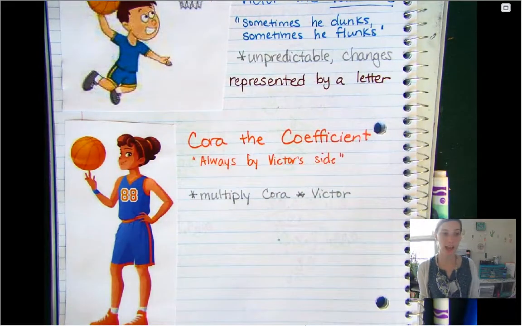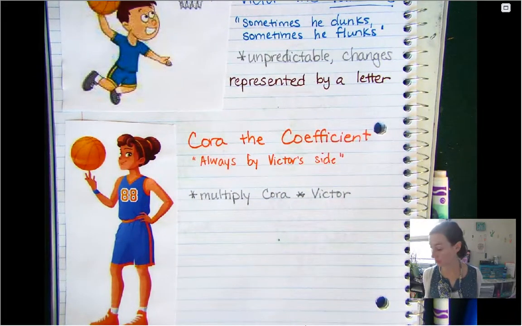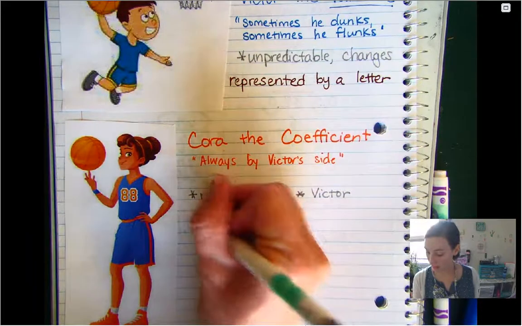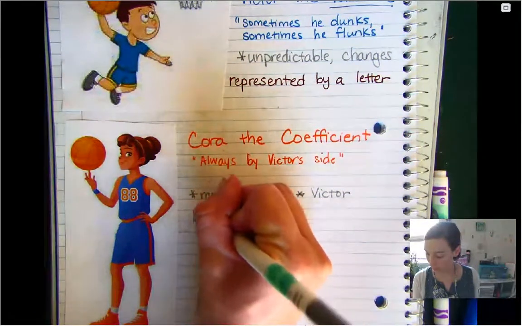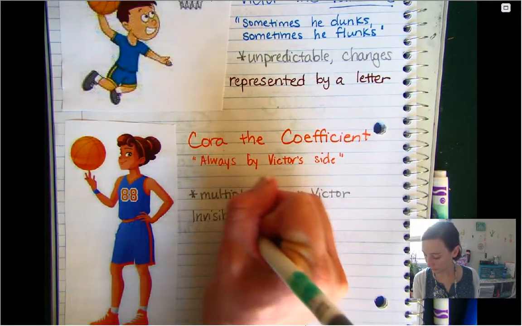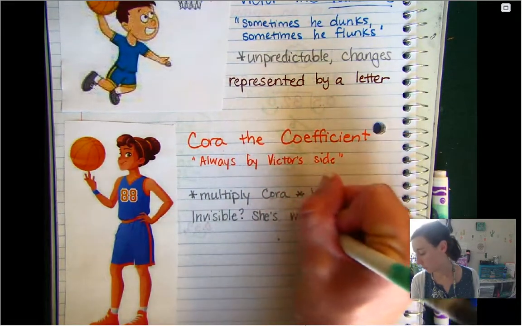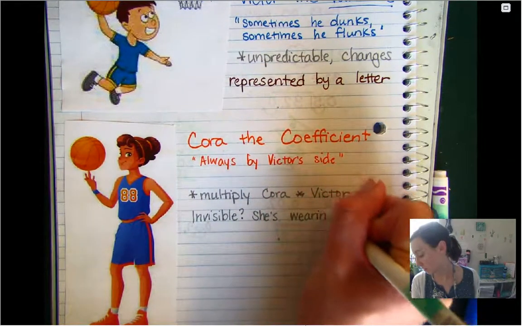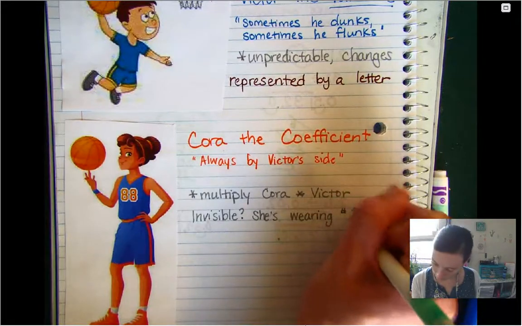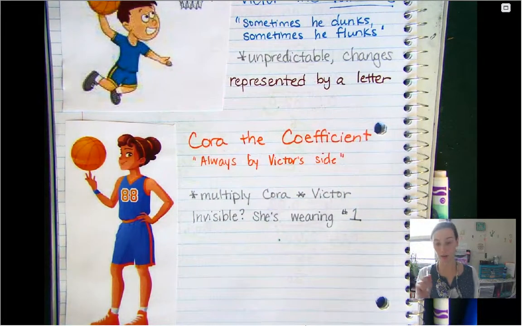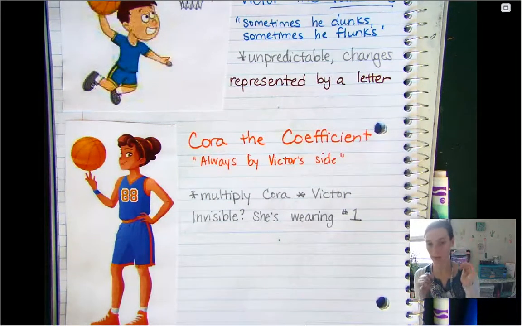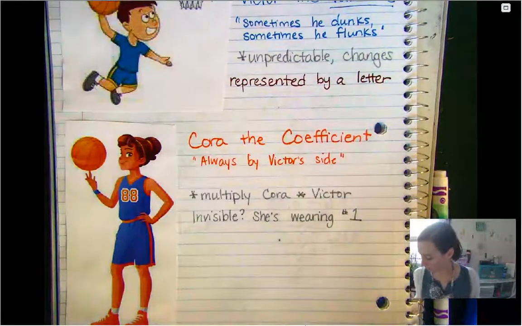If we ever don't see her, if she's invisible, that means she's wearing the number 1. So if we just saw C, and there wasn't anything in front of it, it would be that Cora is like 1C, because 1C is the same as C.